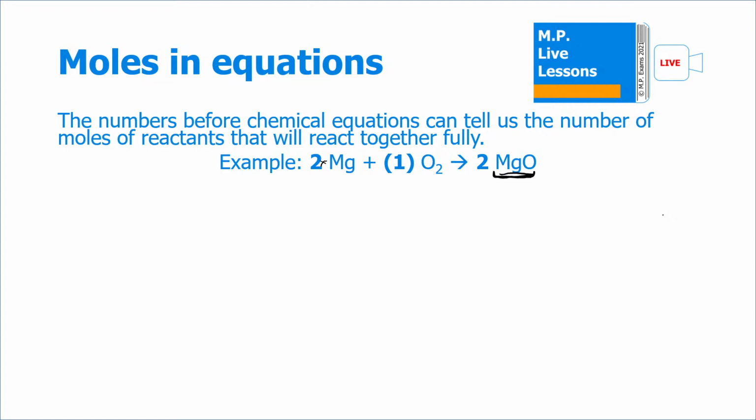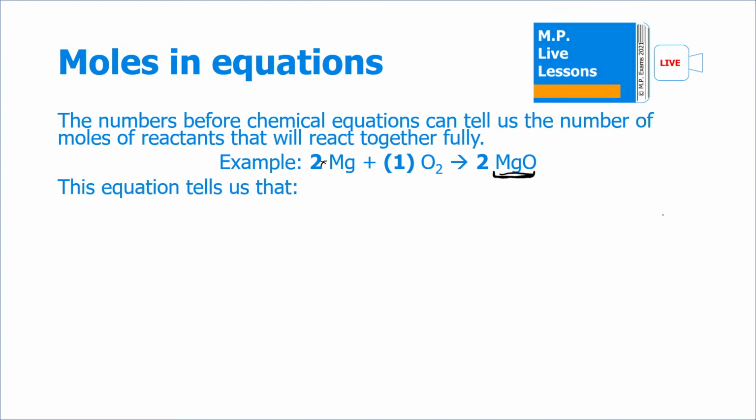We have a single diatomic molecule of oxygen, so there's 2 oxygen atoms in there. And also on the right, we've got 2 oxygen atoms, because in each magnesium oxide there's 1 oxygen, and since we have 2 of those molecules, we'll have 2 oxygen. So the number of each atom is the same on each side, so nothing's been gained or lost.